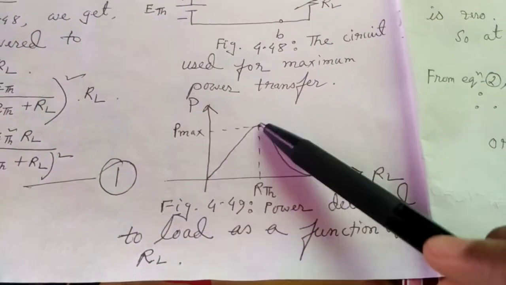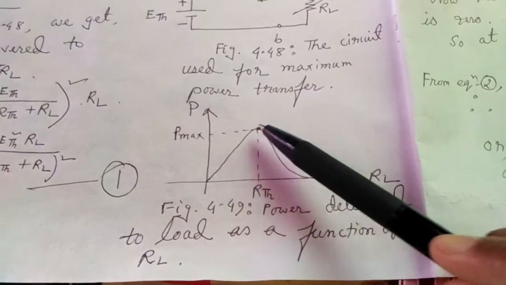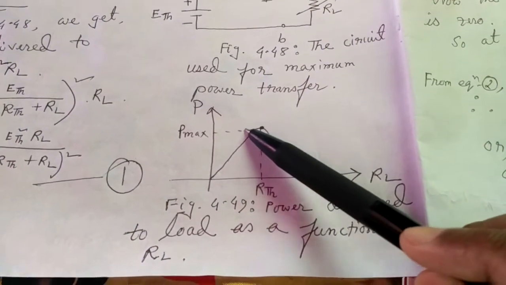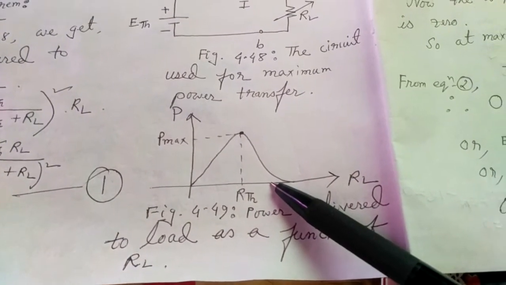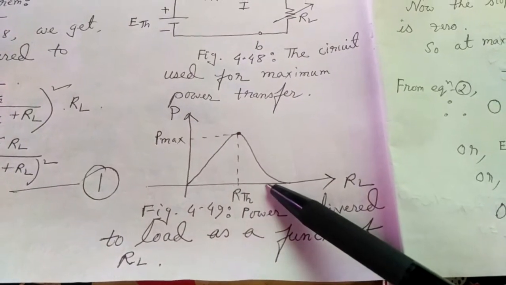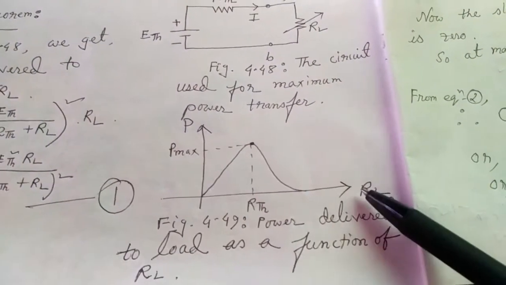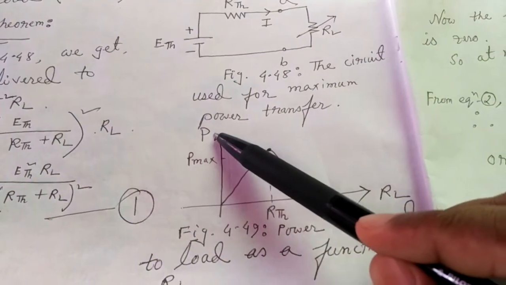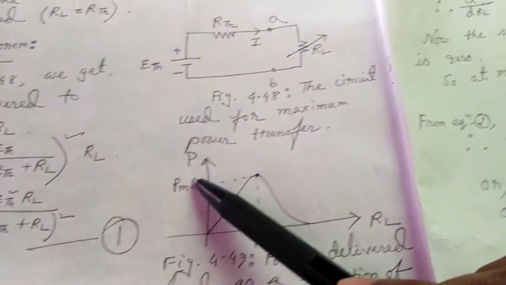If this is the power curve, maximum power is here, and at this point the slope is 0, because this slope is parallel to the x-axis. That means it makes a 0-degree angle with the x-axis. That's why this slope is 0. The x-axis is RL and the y-axis is P, so the slope is ddRL of P.